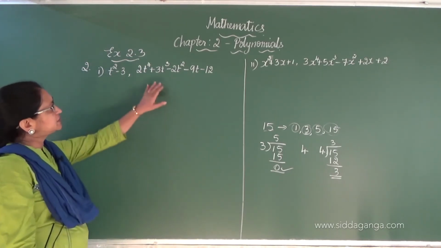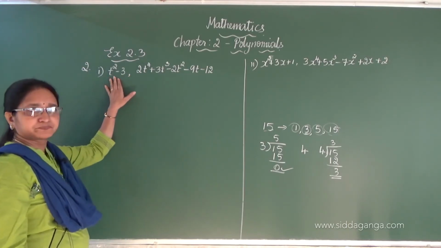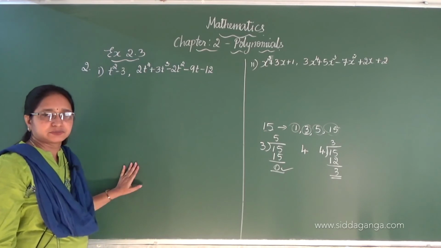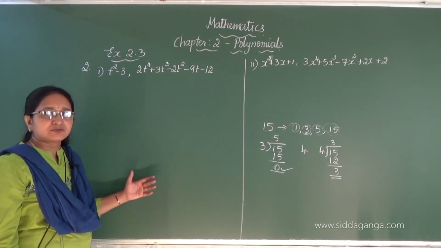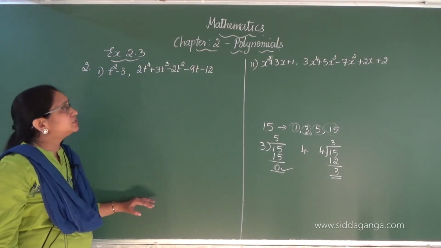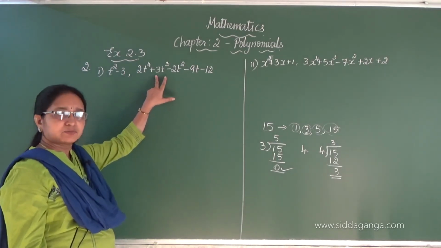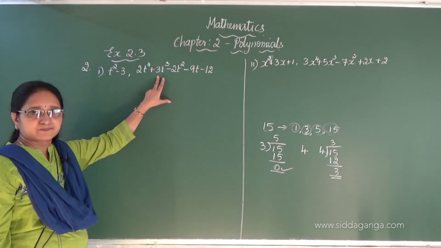Now you are dividing this polynomial by the first one. So when you divide, if the remainder r of x is 0, as I told you in the previous class, then we call the first polynomial a factor of the second polynomial.